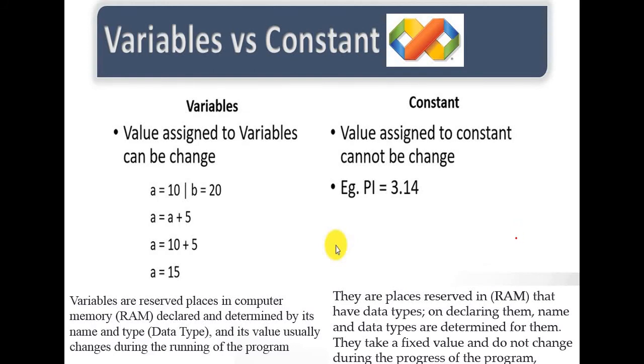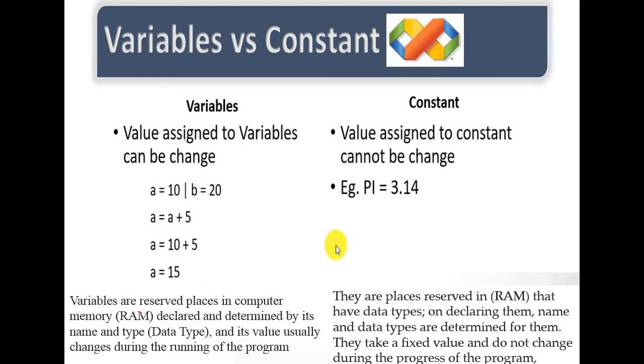We have to understand the difference between variables and constants. Variables are unknown values entered by the user. A value assigned to a variable can be changed, and it is changed. It is not fixed. Like the value of a, it can be changed if I edit it or make many other equations like that.